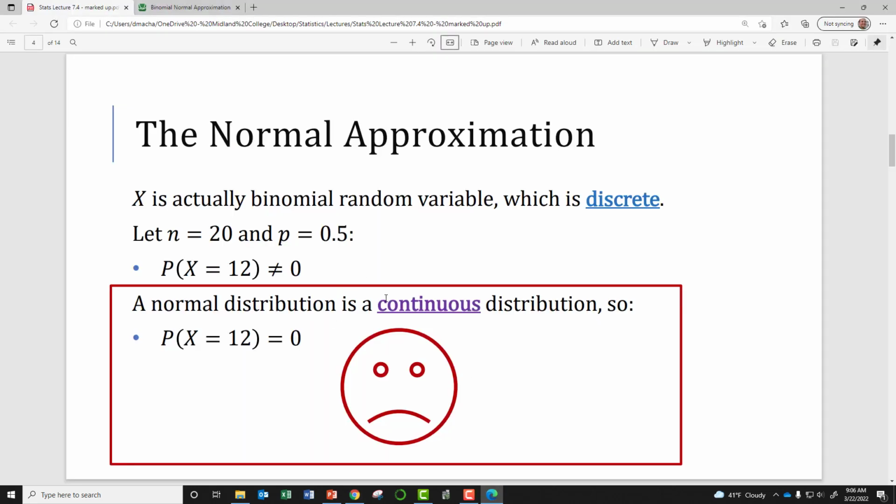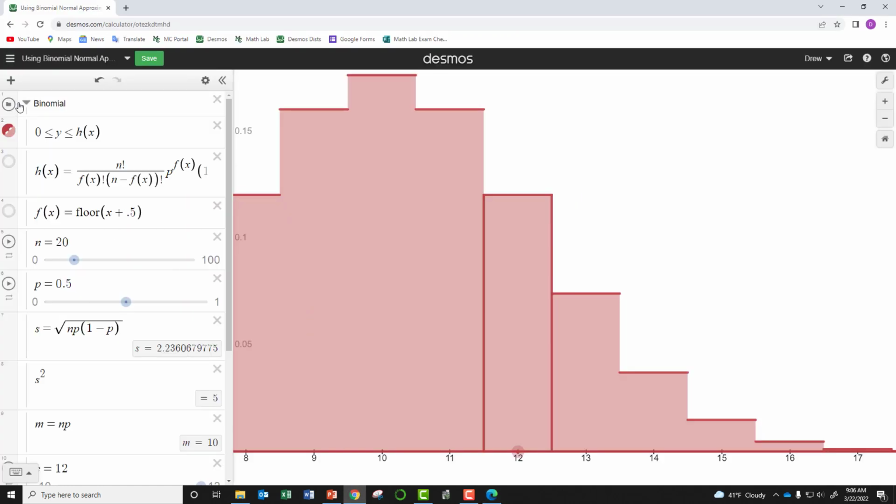Now, a normal distribution is a continuous distribution, and so using the same mean and standard deviation that we get from this underlying binomial distribution, if I were to calculate the probability of a normally distributed random variable being exactly 12, that area would be 0, and so the probability would be 0.